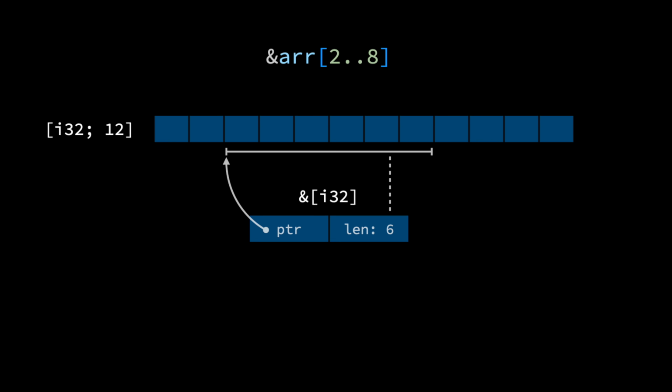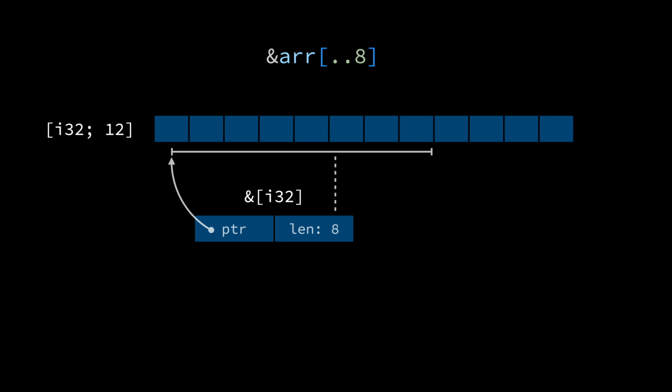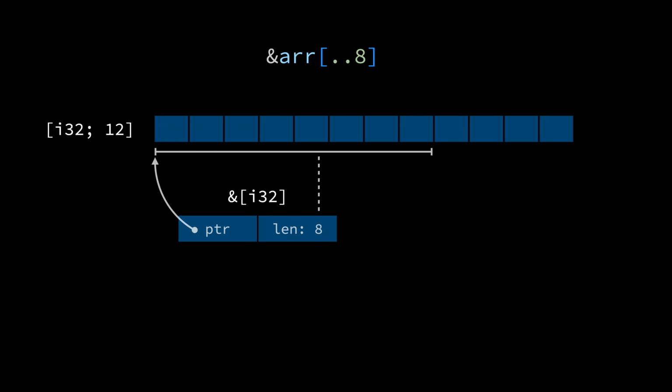This range expression 2..8 explicitly specifies the start index and the end index, but those are both optional. If I leave out the start index, then ..8 means everything from the start up to but not including index 8. If I say ..=8, that means everything up to and including index 8.